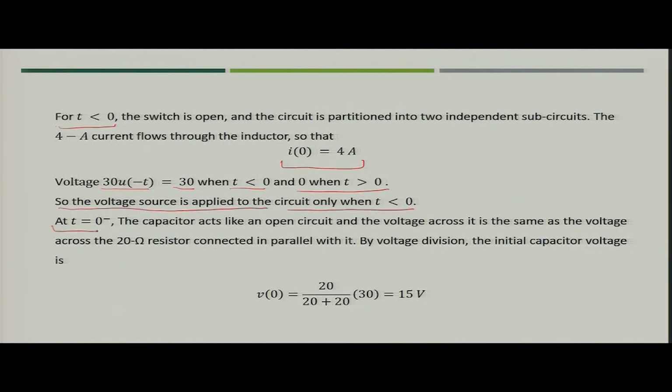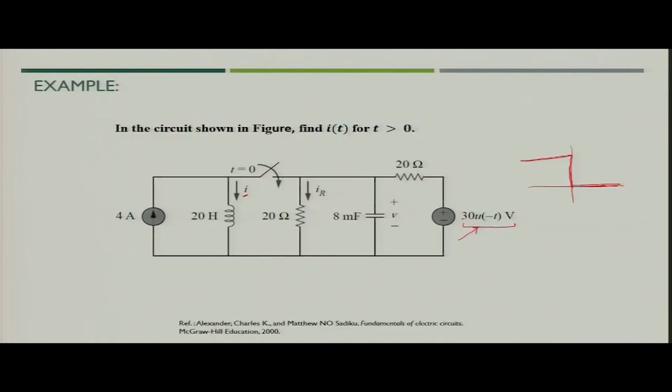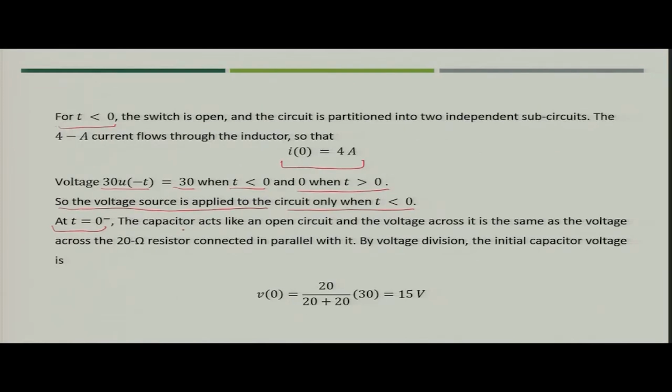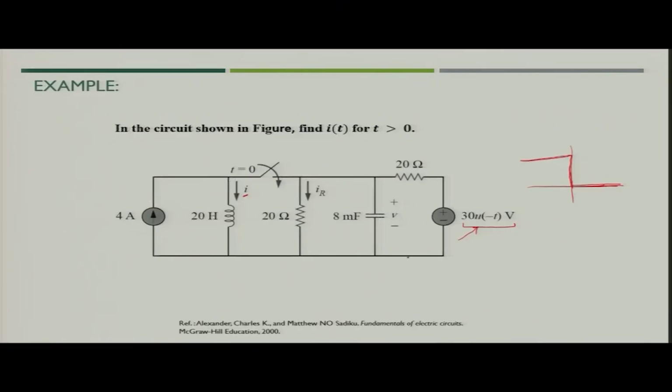Now, at t equal to 0 minus, that means just before the switch is closed, the capacitor acts like an open circuit and the voltage across it is the same as the voltage across the 20 ohm resistor connected in parallel with it. Because the switch has been open for a very long period, the capacitor will act as an open circuit.